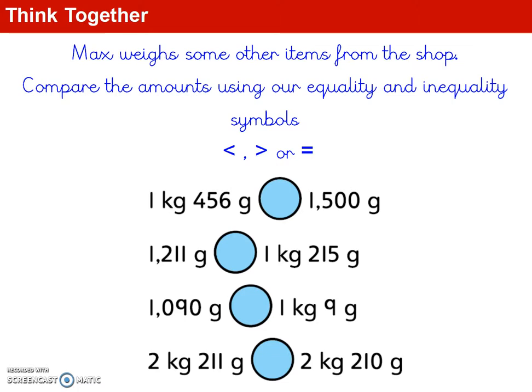So changing from either kilograms and grams to grams, or changing from grams to kilograms and grams, whichever you find easiest, and then decide what needs to go between each one to compare them. Is it going to be less than, greater than, or equal to? And once you've completed that, then you can continue with that independent work in your workbook.